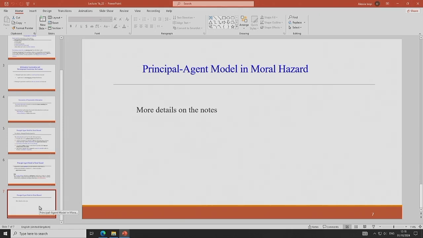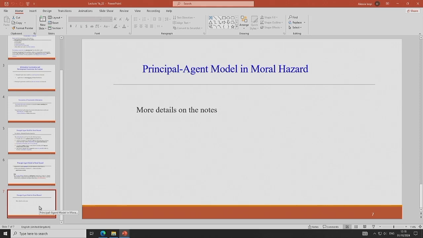On the other hand, because we know of the connection between Q and effort, we know that if I get a higher Q, most likely the agent has exerted a high level of effort. So whatever enters the principal function with a plus is going to affect the agent in a negative way. And this is where the conflict of interest comes from. So this is something that we have discussed. Now you see exactly how it works technically.